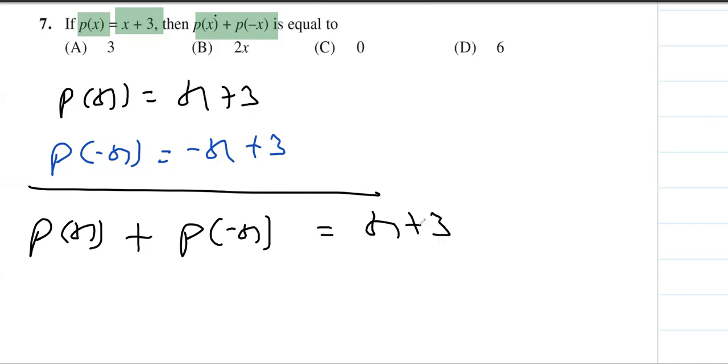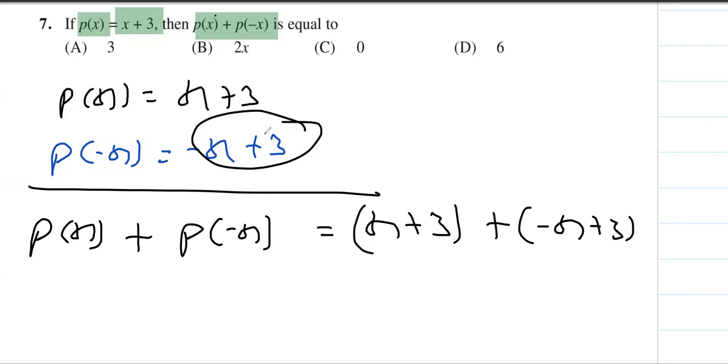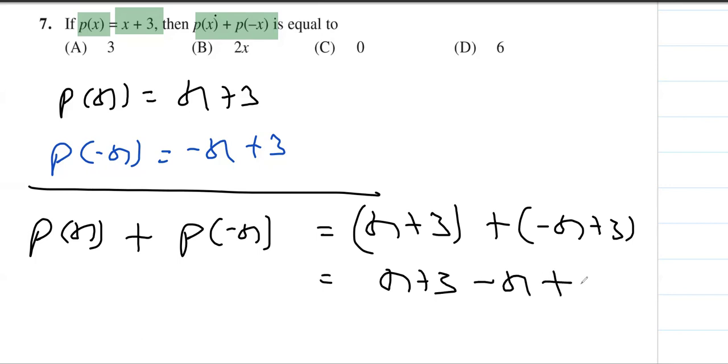On the right hand side, it is x plus 3, plus the other one, that is -x plus 3. Now, if I open this bracket, it's going to be plus 3 and plus 3. So x and -x get cancelled. So we get 6 as the correct answer in this case.